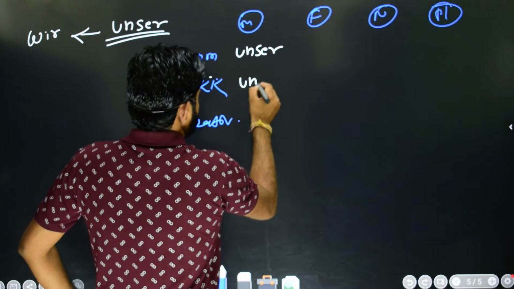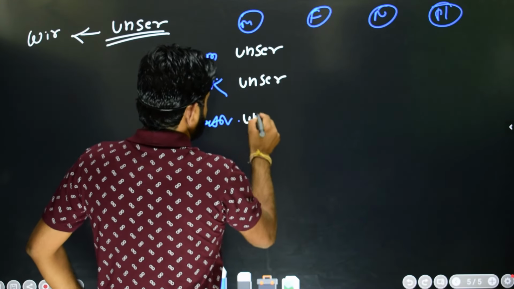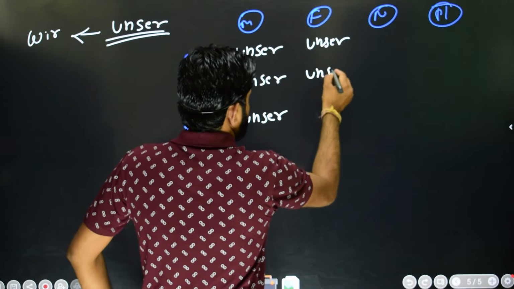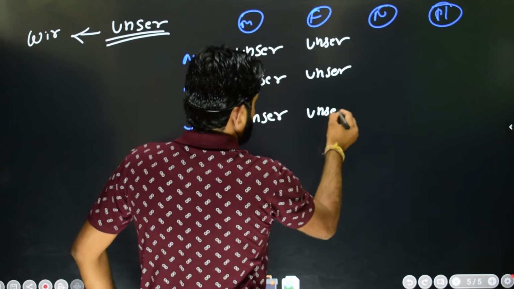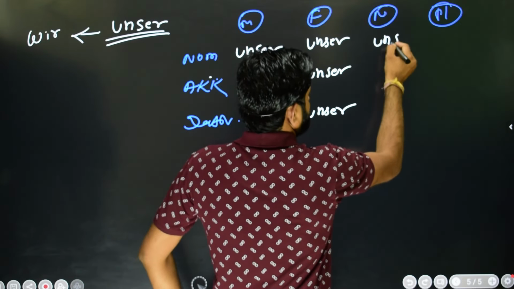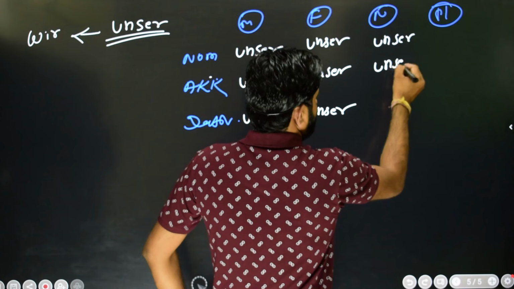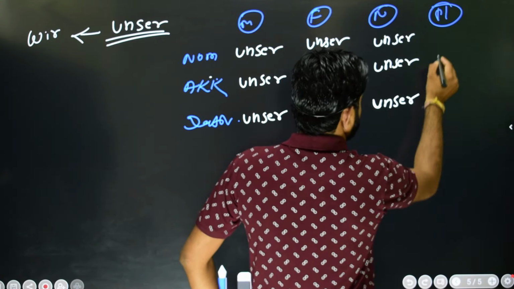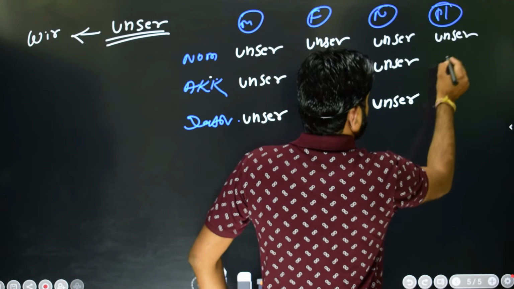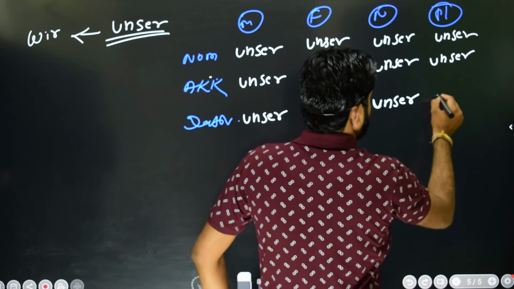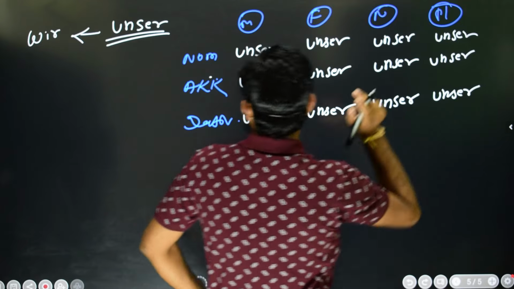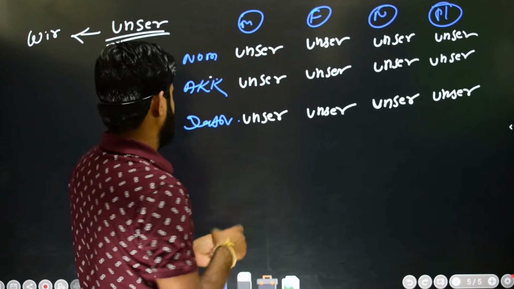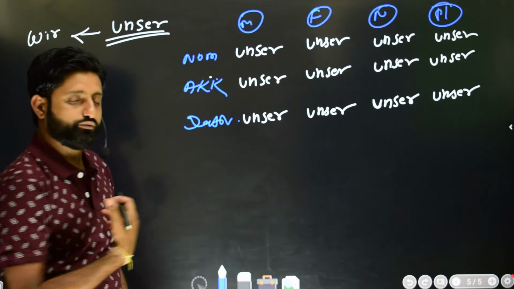Unser, unser. So everywhere I have written here unser only. So you can see nominative, accusative, and dative. Now I need to add here the extra ending, starting with dative. What is the table of dative?